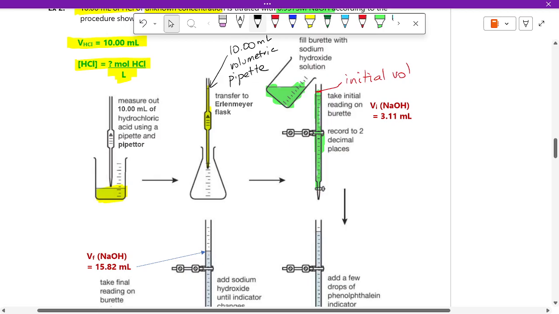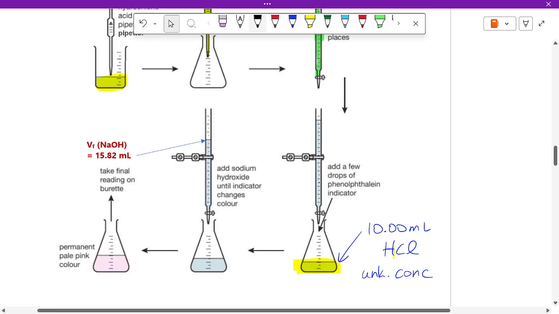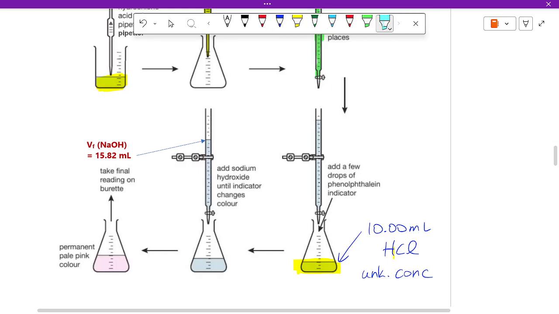Then what we do is we add some phenolphthalein. Okay, there it is. I've added a few drops of phenolphthalein to the flask.